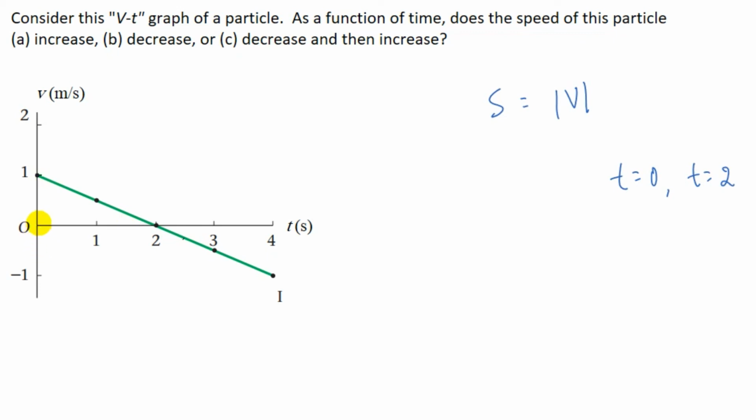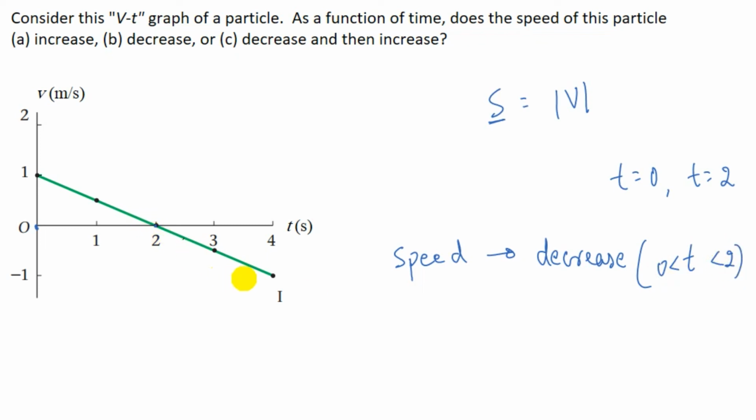You can see here that at time t equals 0, the velocity is 1 meter per second, and at time t equals 2 it becomes 0. So the velocity is decreasing, so its magnitude would also decrease, that is the speed would decrease. So speed will decrease in the time interval 0 to 2.